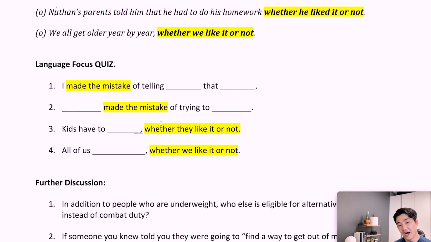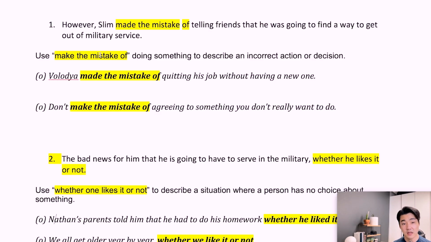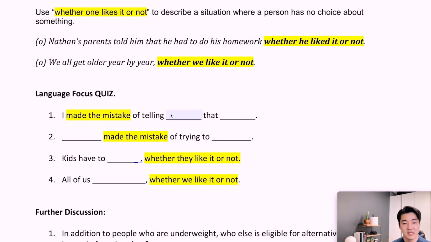1번. I made the mistake of telling that. So remember, make the mistake of. We use it when doing something to describe an incorrect action or decision. So make the mistake of 무언가를 실수했거나 잘못한 걸 설명할 때 쓰인다. So I made the mistake of telling, let's see, who did I make the mistake of telling?